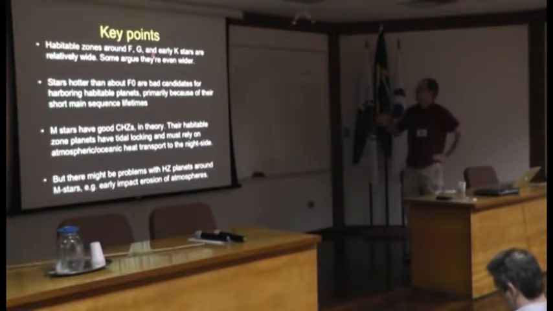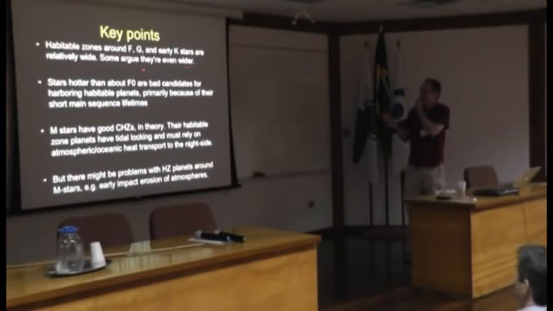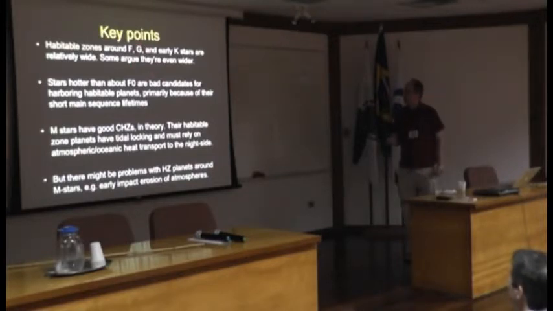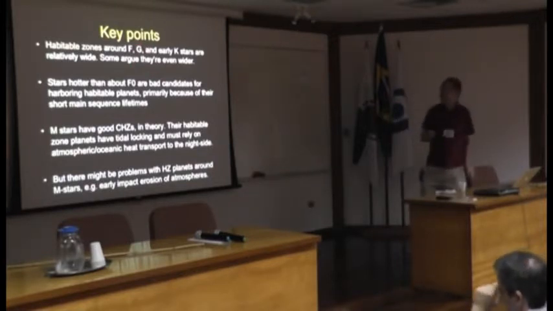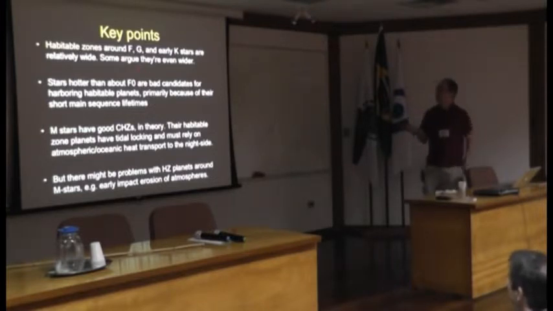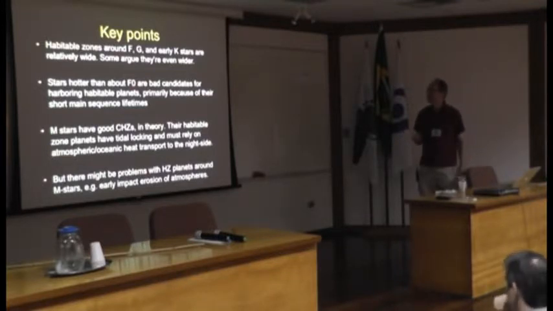So, to summarize, the habitable zones around F, G, and K stars are relatively wide, and some argue they're even wider. And these are long-lived stars, in the case of G, similar to our own, that potentially could have planets with life. Stars hotter than the F0 stars are probably bad candidates because of their short lifetimes.